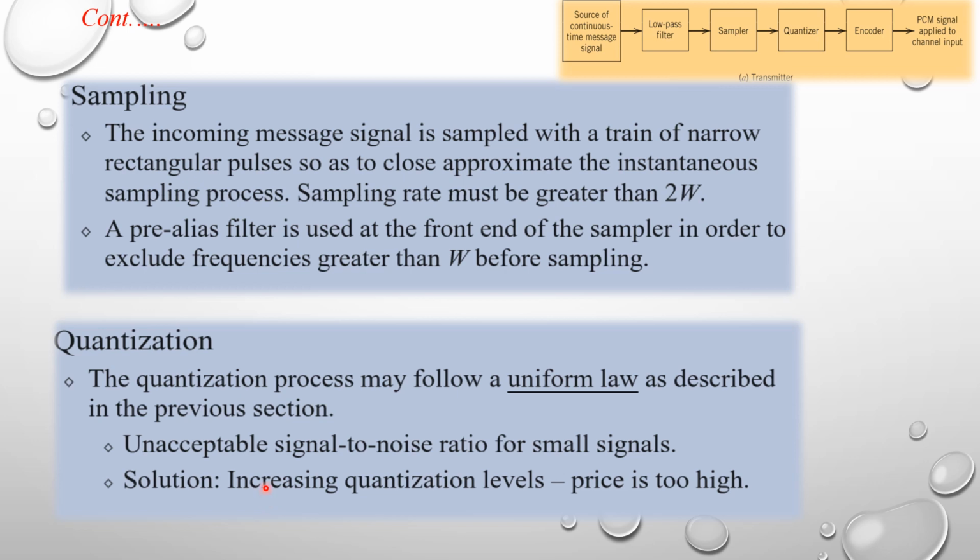The quantization level is equal to L. For example, if the quantization level is equal to 7, the noise factor is more. If you increase the quantization level from 7 to 18 or 25, the noise factor will reduce. The main function of the quantizer is to convert the samples into digital signals.